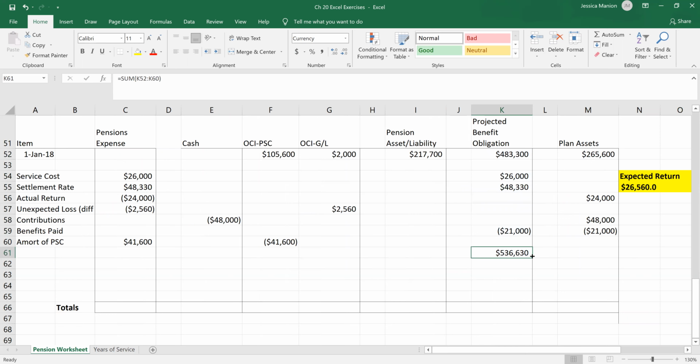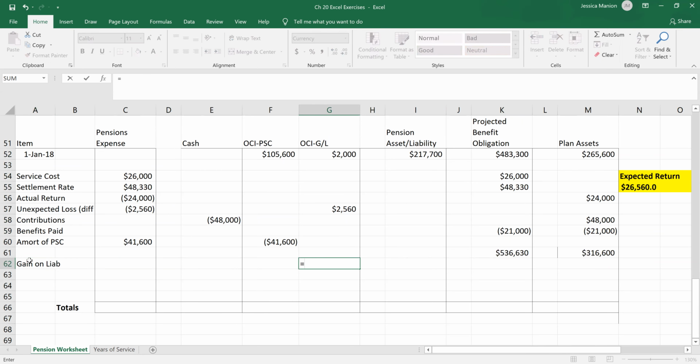And then we summed up that. Okay. And so now we can say, all right, our gain on liability equals what, 520,000 minus 536,630.